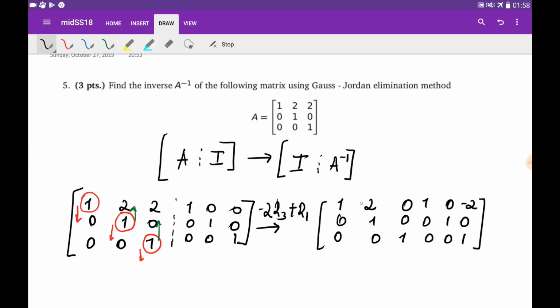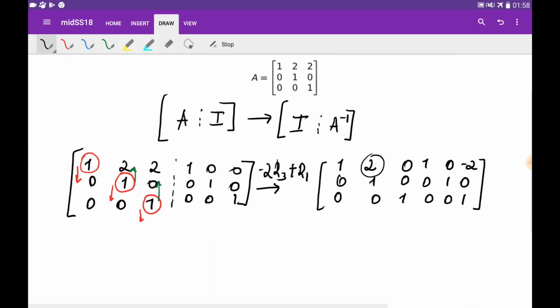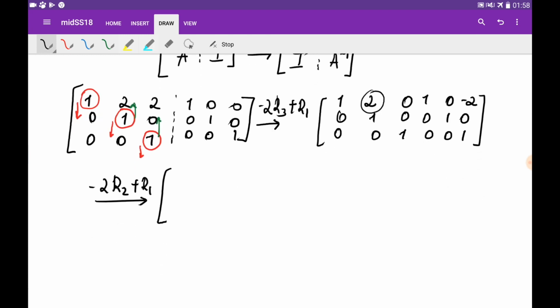Now we need to eliminate this 2 in order to bring this matrix to the identity form. To do this, we multiply the second row by minus 2 and add it to the first row. Please note that I'm not going to change the last 2 rows: 0, 1, 0, 0, 1, 0, 0, 0, 1, 0, 0, 1.